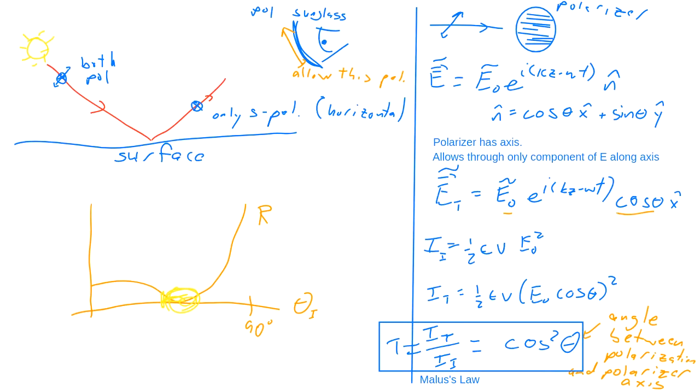Cool. So, all right, that's Brewster's angle. Let's put a pause right here and actually take a look at the properties of materials. So far we've been saying, okay, you can have permittivity and permeability that are different from what they are in space, so that you get slower speed of light in the materials.